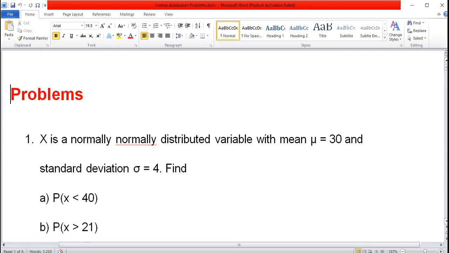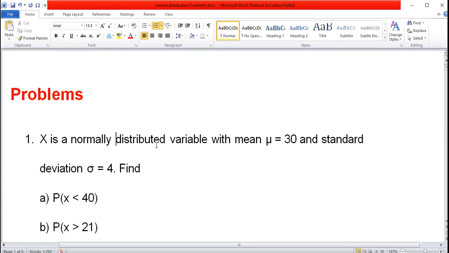Let's do this problem. The first one, let us do together, and then the other ones I'll let you do. I'll ask one by one. X is normally distributed with mean mu equals 30 and standard deviation sigma equals 4.